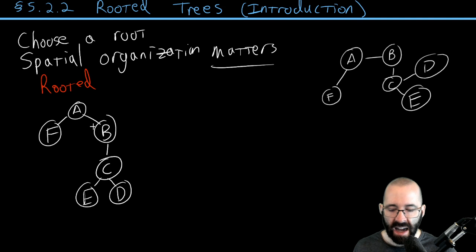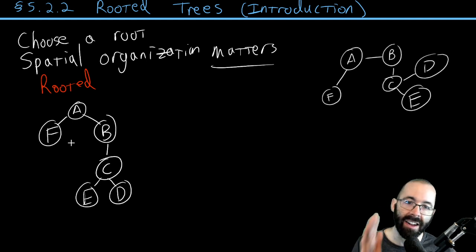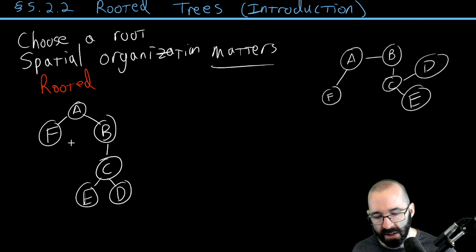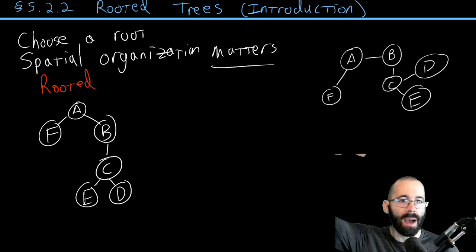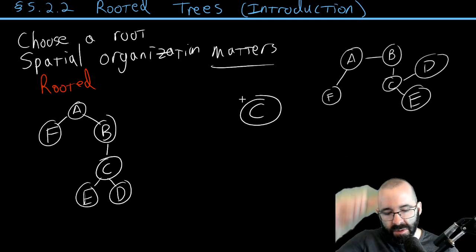Again, it doesn't actually matter which one's the left node here and which one's the right node. It will matter in the future when we talk about binary trees, but it doesn't matter now, just for general rooted trees. If you created one with C, you just think of grabbing C. That's now our root. What's hanging from C?